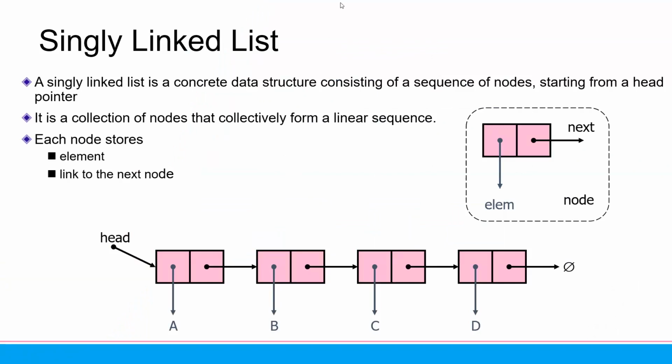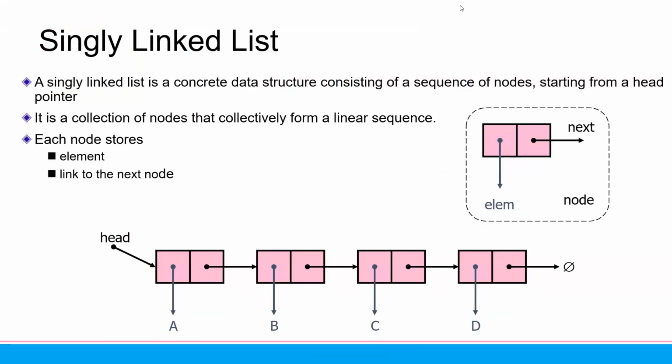A single linked list, we call it singly linked list. In some of the literature, they mention single linked list or singly linked list. It is a kind of data structure consisting of a sequence of nodes starting from a head pointer.